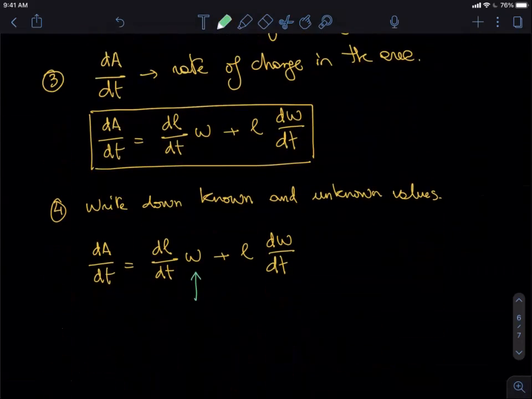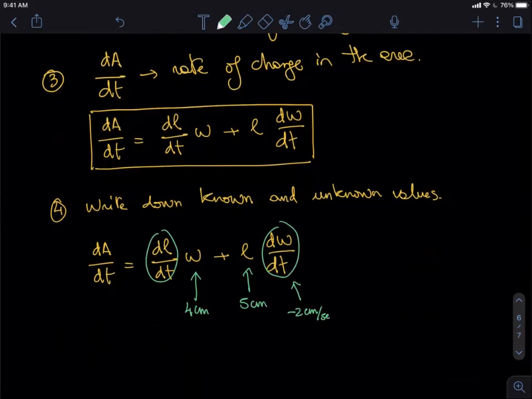So length is 5 centimeters and the width is 4 centimeters. And then of the two rates, okay, we know that the width is decreasing at -2 centimeters per second and that the length is increasing at 3 centimeters per second.